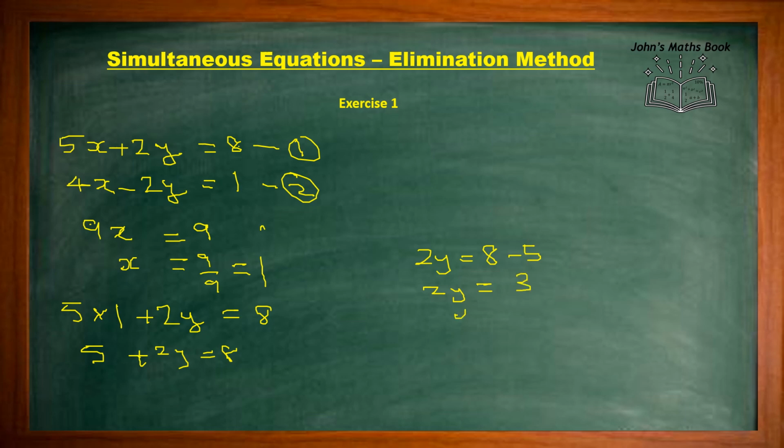Therefore, y is equal to 3 divided by 2, which is equal to 1.5. So in this case, our solution is x is equal to 1 and y is equal to 1.5.